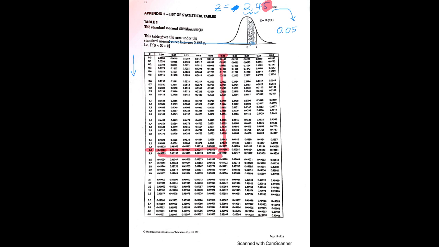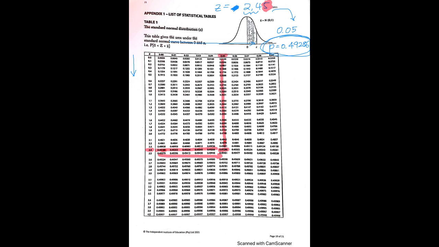So the respective probability is 0.49286. This is the probability that we need. So we're going to take that 0.49286 to our question and then apply the rule.